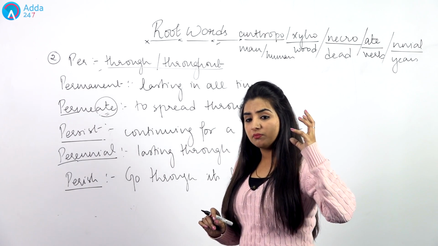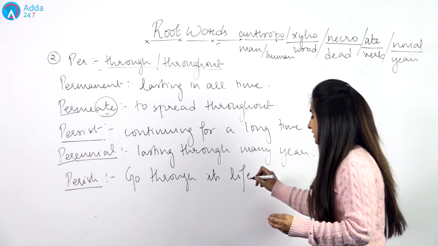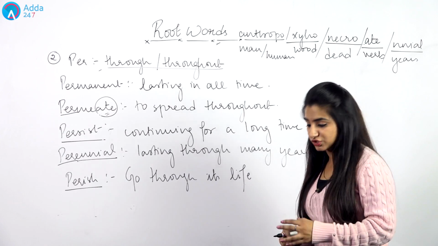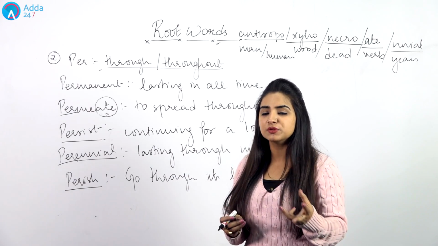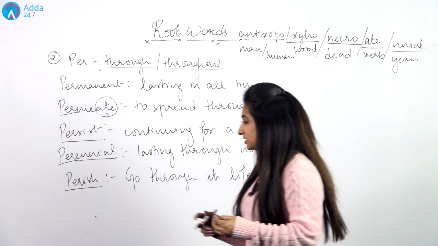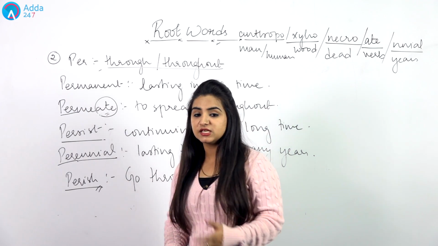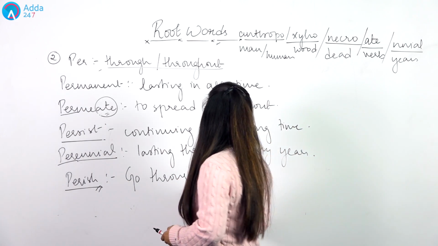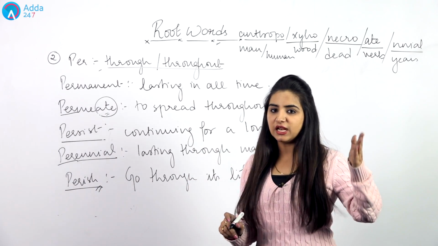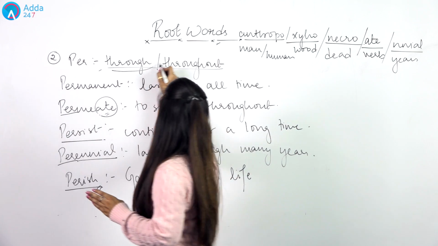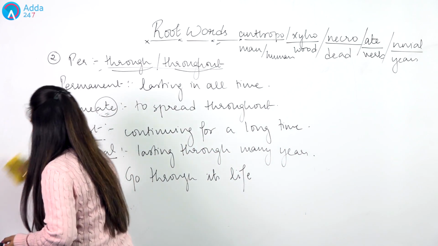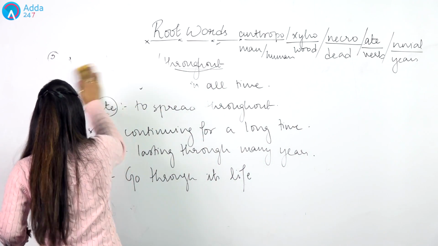Now that mango goes through its life, that means it starts to perish. If you do not use it, if you do not consume it, what happens to that mango? It starts to perish, it starts to deteriorate. And this is what we mean by perish, to go through its life. And once the life starts, it will definitely come to an end. So, going through the life of something is what we mean by perish, right?